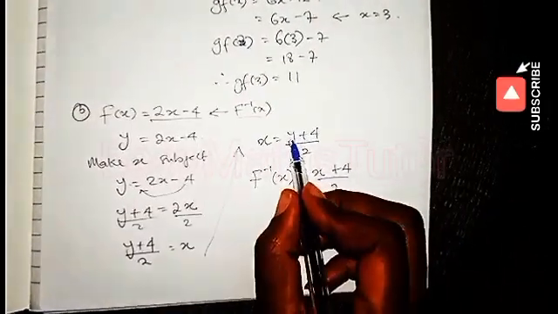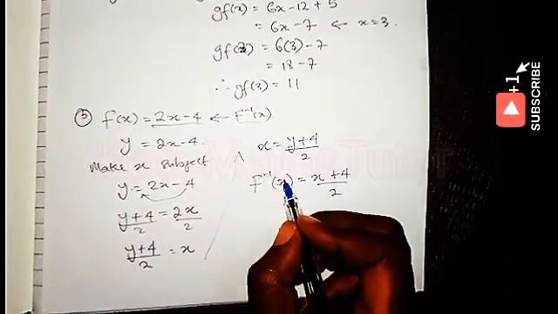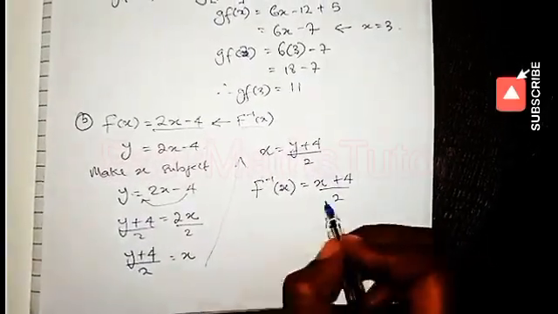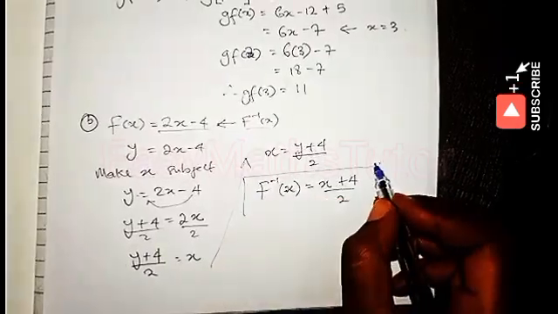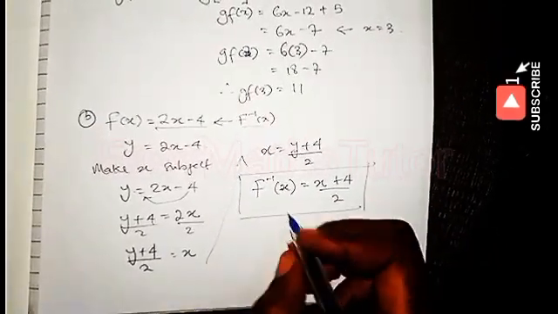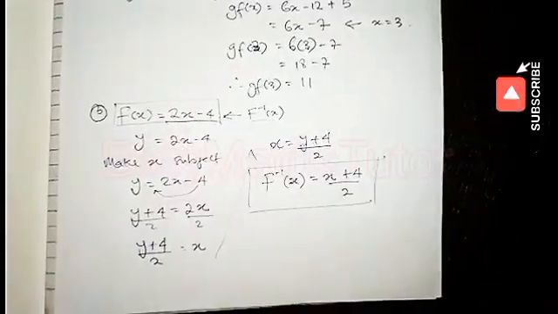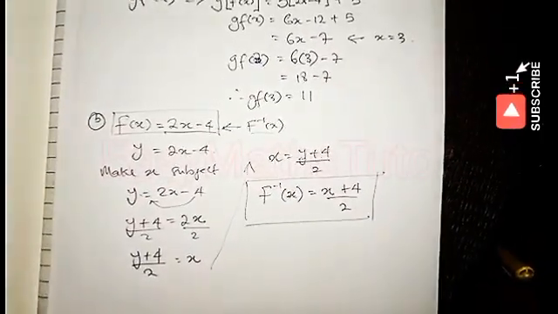We can't write y because it is a function of x, so we substitute x for y. So this is the expression for the inverse of f of x. I hope you understand the way this was solved.